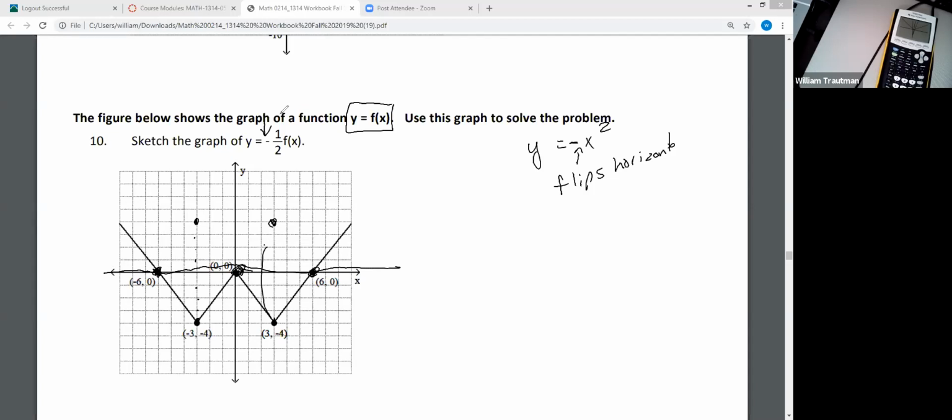So the graph would, just without the negative and without the 1/2 in front, you see this is 1, 2, 3, 4 up. So 1, 2, 3, 4 down. This is where the graph would be. It would look like this.